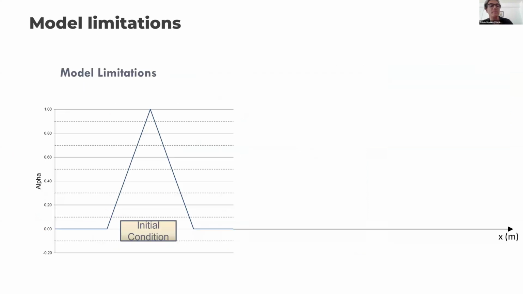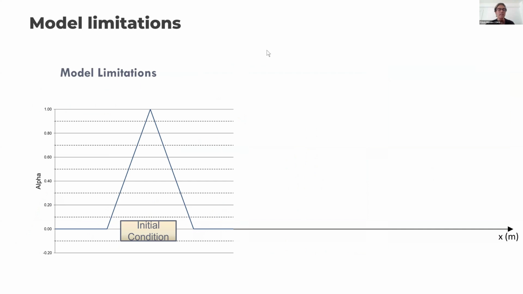So, another model limitation. To show you this limitation, I would ask you to think about this hypothetical experiment. Imagine that you have a 1D model, like a river, a channel, something like that, okay? You don't have lateral variations, just the main direction.